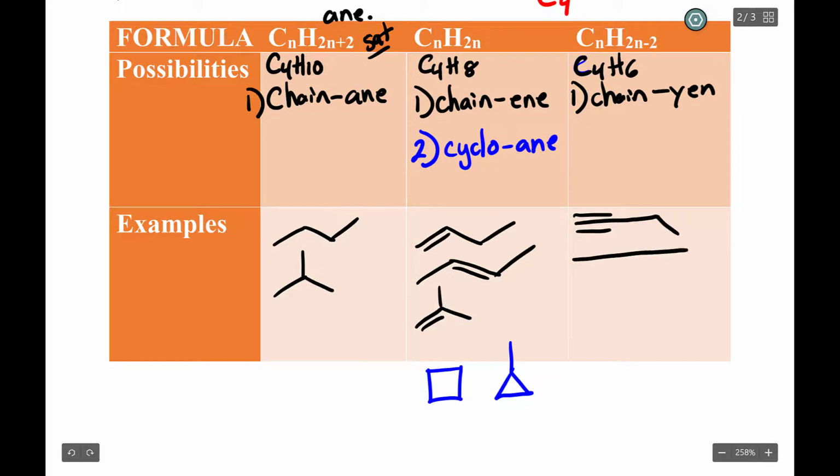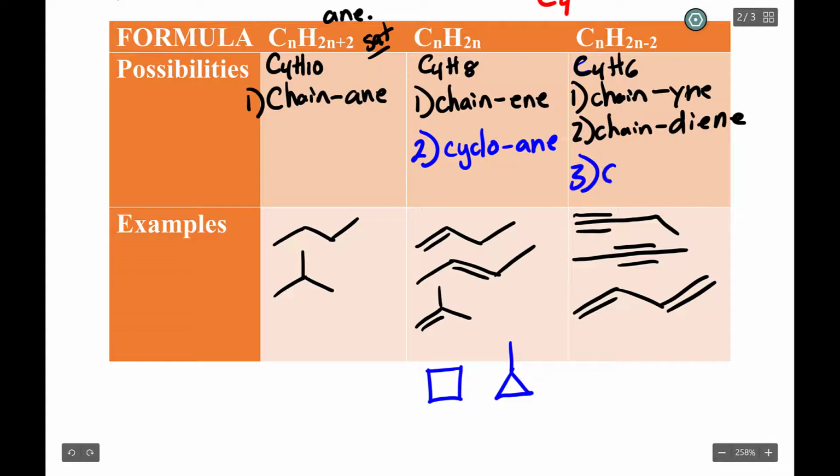We could have but-2-yne. Okay. We could have this as a chain diene. Sorry for the spelling there. So di means 2, ene means double bond. So I could have something like this, but-1,3-diene. That's a possibility.